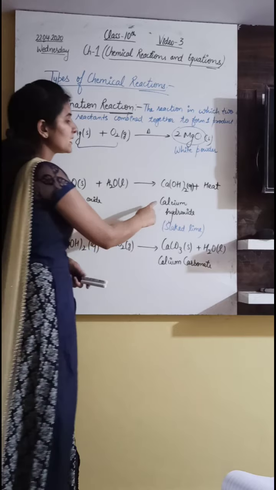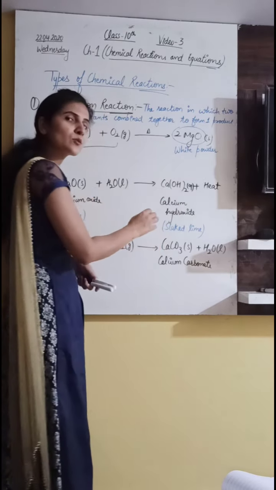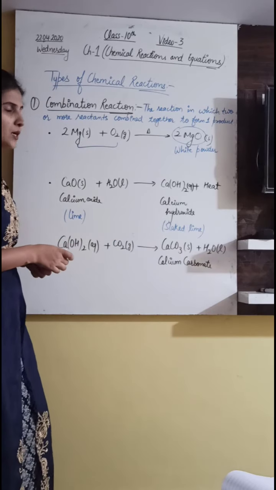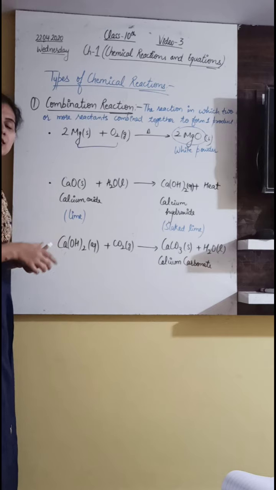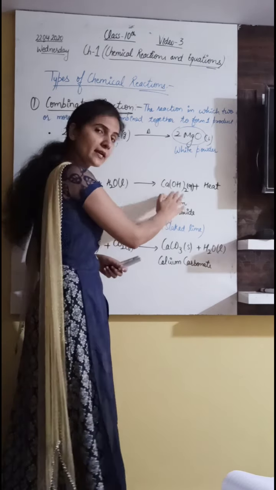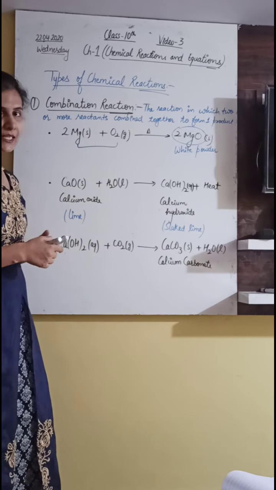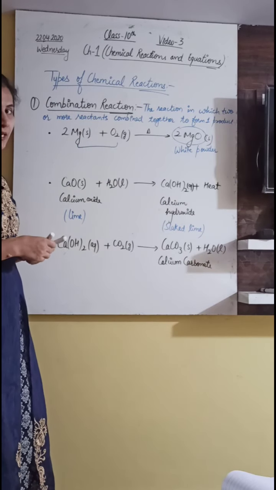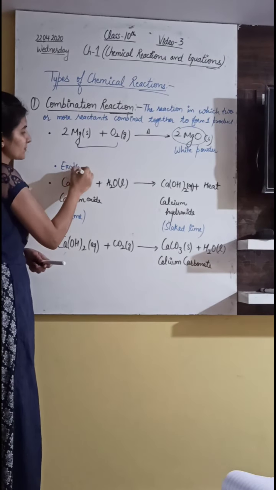Likewise, calcium hydroxide is the chemical name of this compound and slaked lime is the common name. So what is the reaction? When we add water to this calcium oxide or lime, it will convert into calcium hydroxide or slaked lime along with the production of heat. So heat is produced in this reaction. So which kind of reaction is it? It is an exothermic reaction.